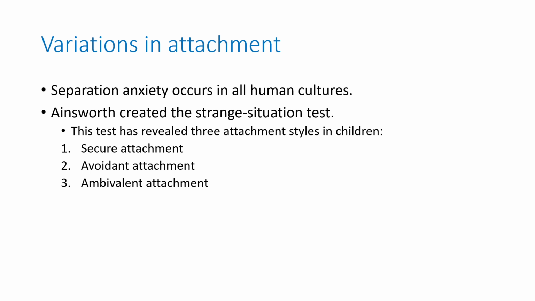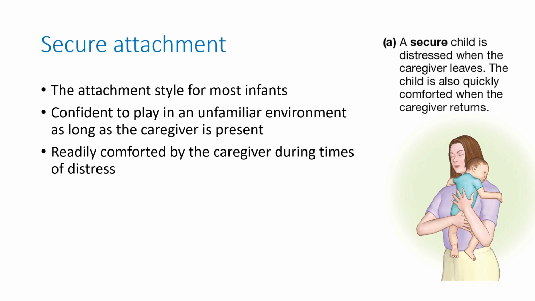Ainsworth created this strange situation test where he looked at the relationship between infants and their mother and caregivers, and from this derived that there were different types of attachment styles, such as secure attachment, avoidant attachment, and ambivalent attachment. And there was also a disorganized attachment.